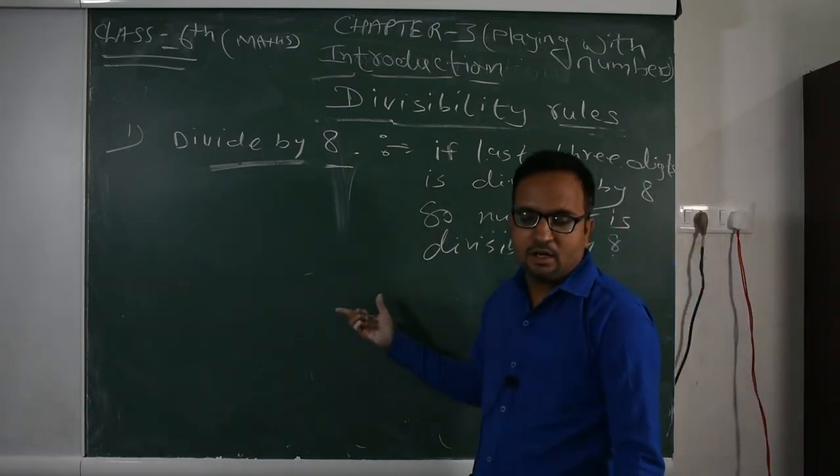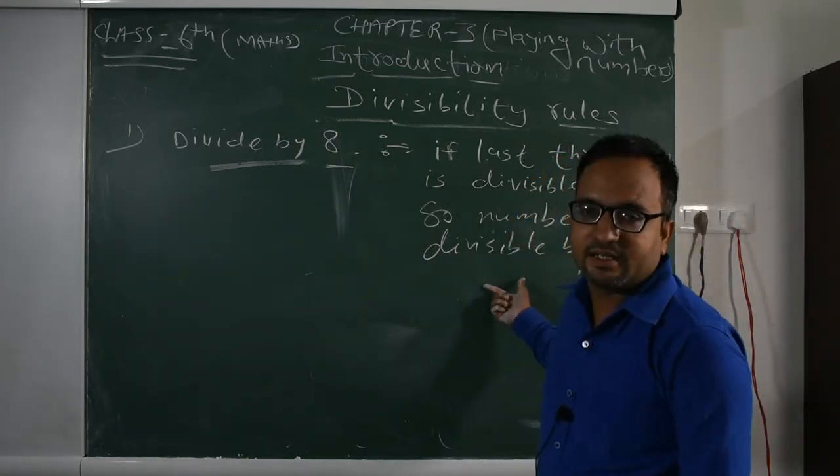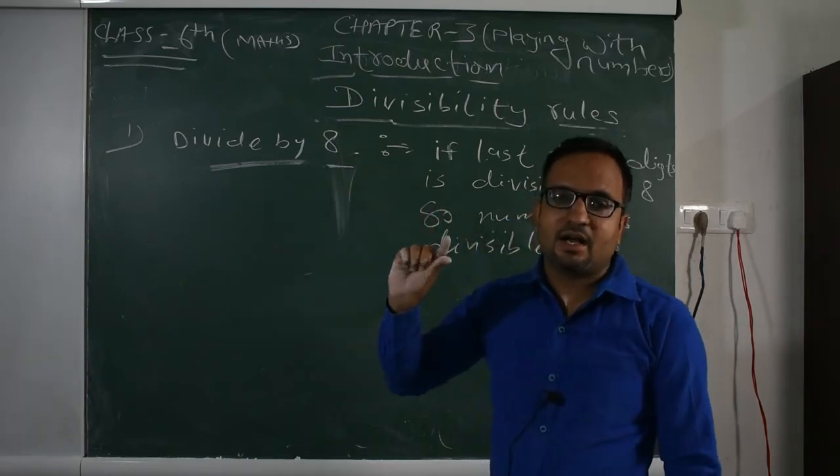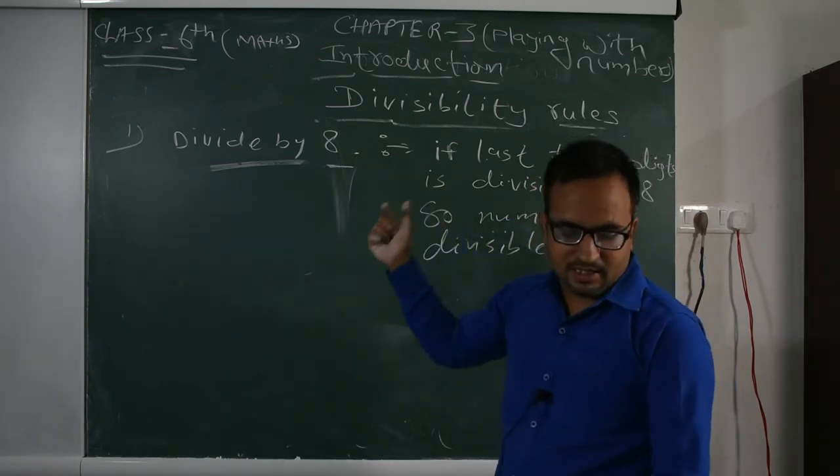So now we check the last 3 digits. In the case of the divisibility rule of 4, we check only the last 2 digits. Now we check the last 3 digits.